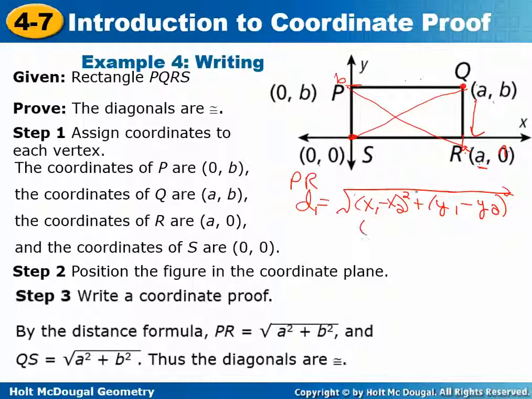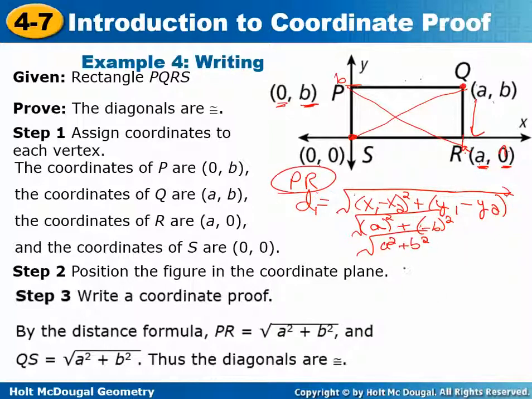The x-coordinate here is a, and the x-coordinate here is 0. So a minus 0 is a, so I get a squared, plus the y-coordinate is 0, and this one is b, so I'd have negative b squared. So I get the square root of a squared plus b squared. That's when I did PR.